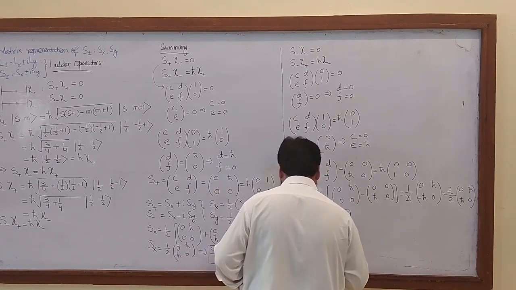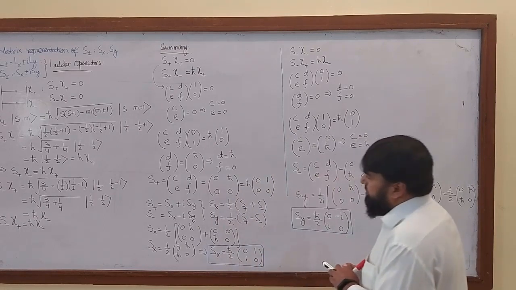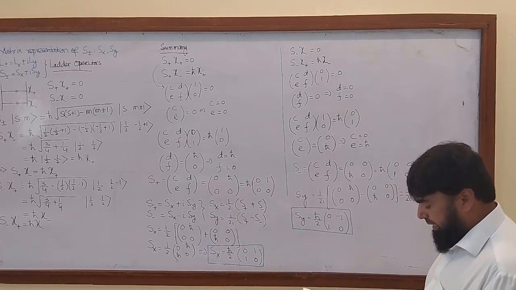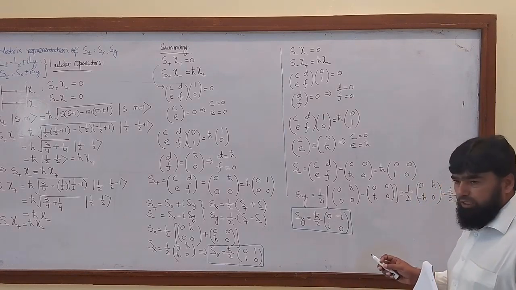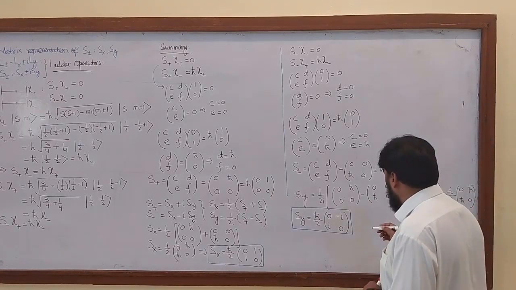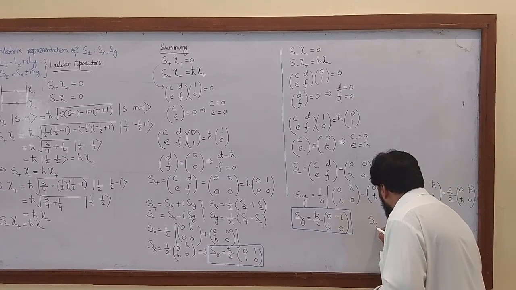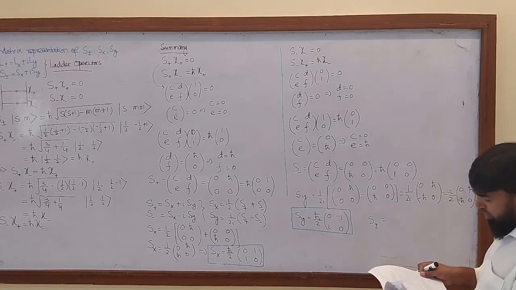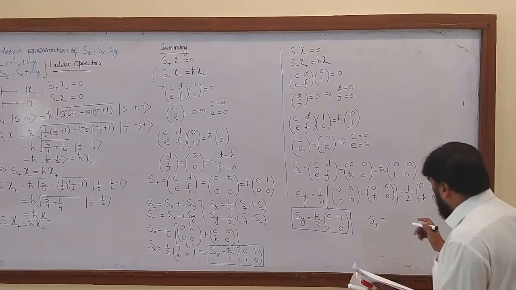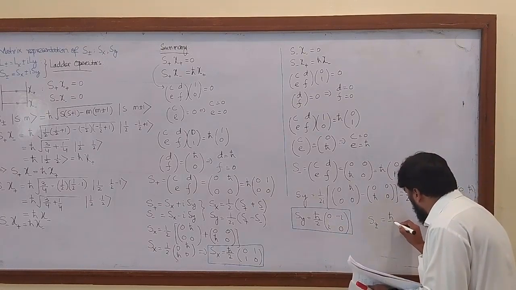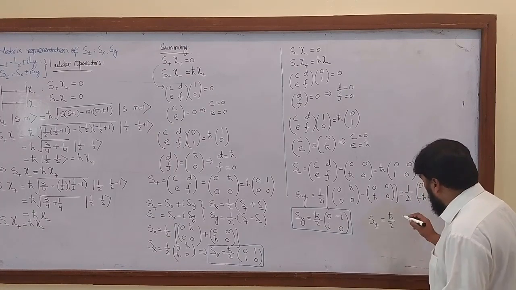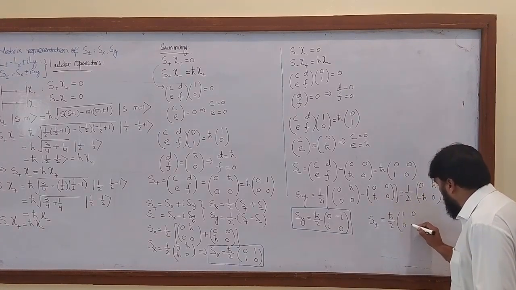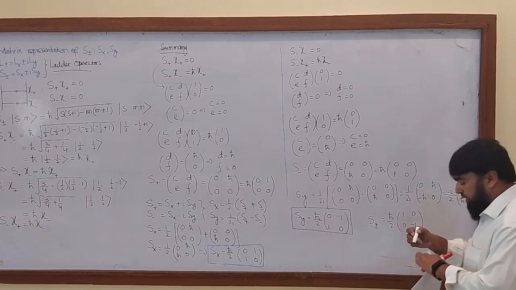And we have already done Sz. What was Sz? Sz was h bar by 2, 1 0 and 0 minus 1.